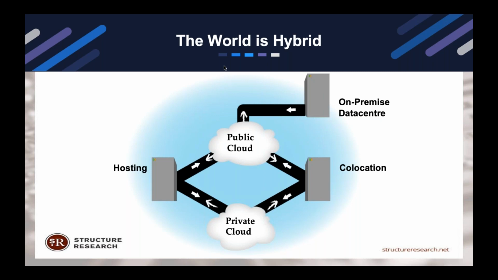Some infrastructure is still run on-premise. It also is run in various types of infrastructure deployment environments: co-location, private clouds, hosting facilities, third-party data centers, and of course hyperscale public clouds. And all these environments, as you're going to hear from Sagi very shortly, are increasingly dependent on each other and intertwined.